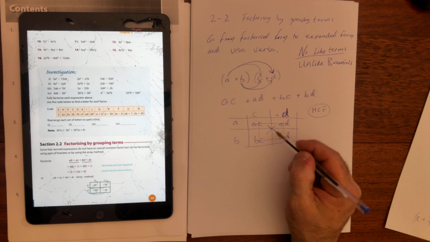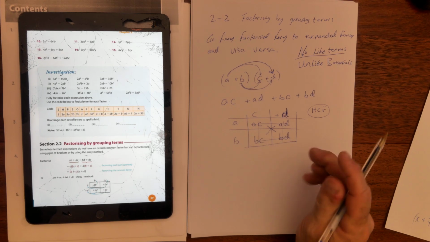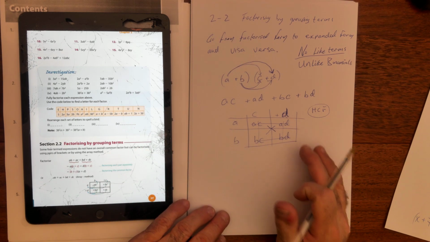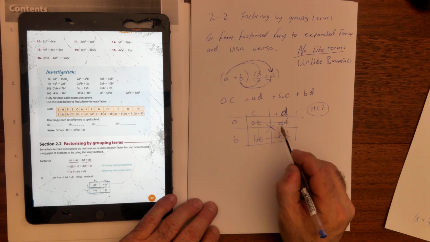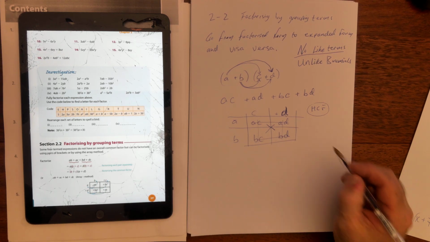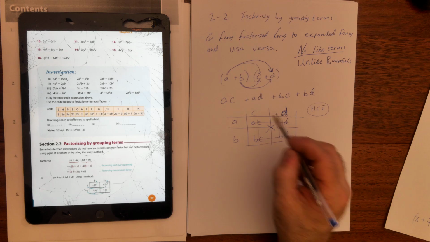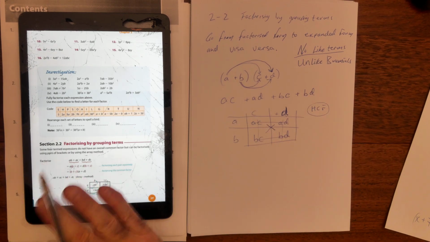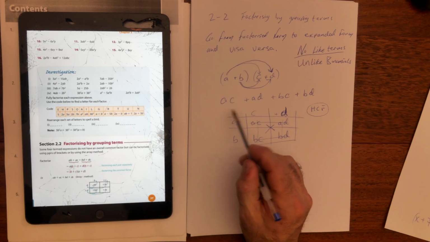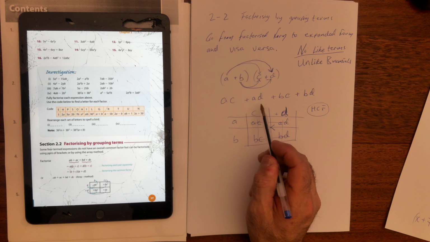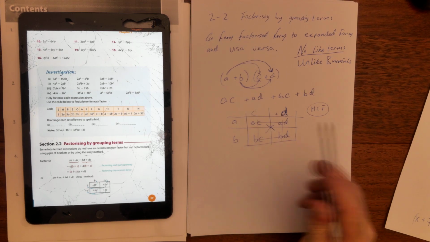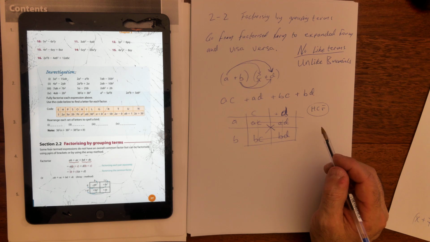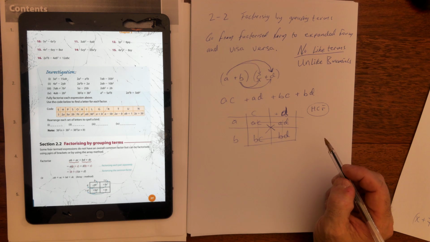So we must be aware that they could, in a nasty way, set the question up so that they have uncommon terms beside each other. Okay, but we assume when we're doing these, and every single question in your book has, the grouping is already done for you, they're already grouped, but we'll throw in a few extra questions to make sure that you're able to handle when they're not grouped as well.